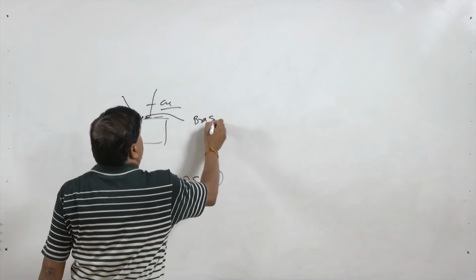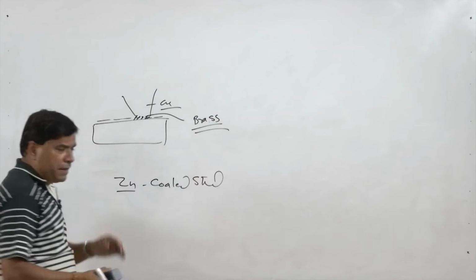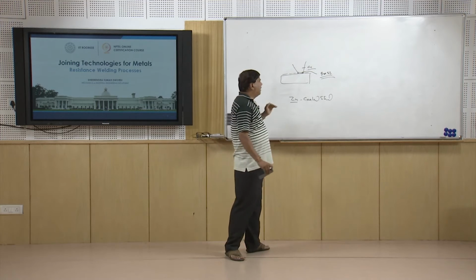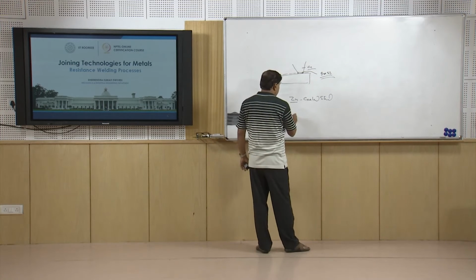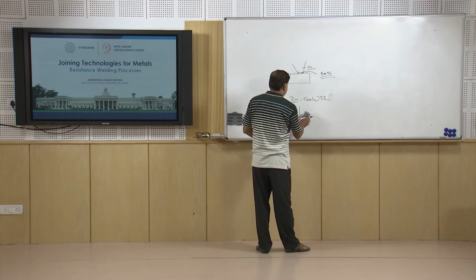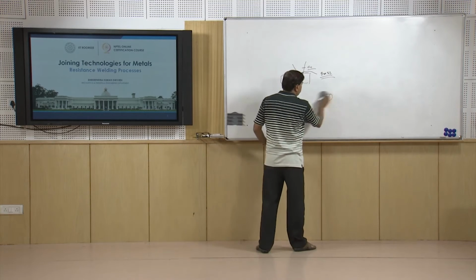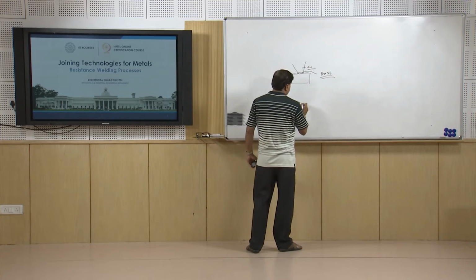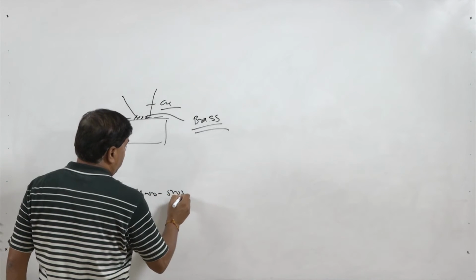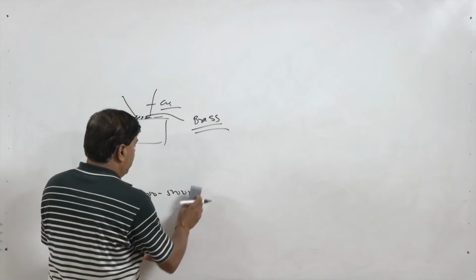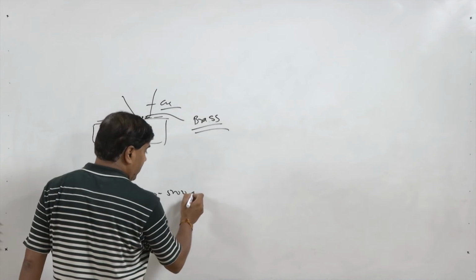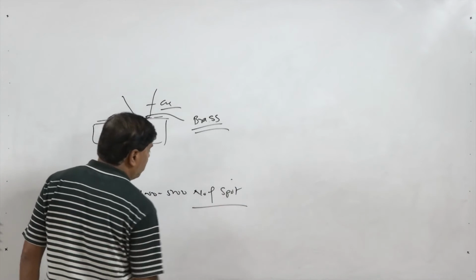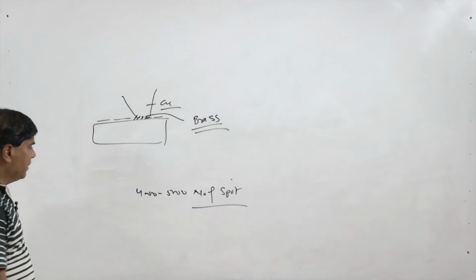This brass, being hard and brittle and under continuous adhesive conditions, causes wear of the electrode at a much faster rate. Normally the electrode can produce 4000 to 5000 spots in one go without compromising the nugget diameter.